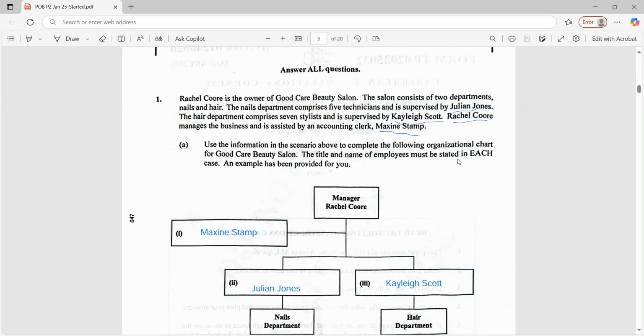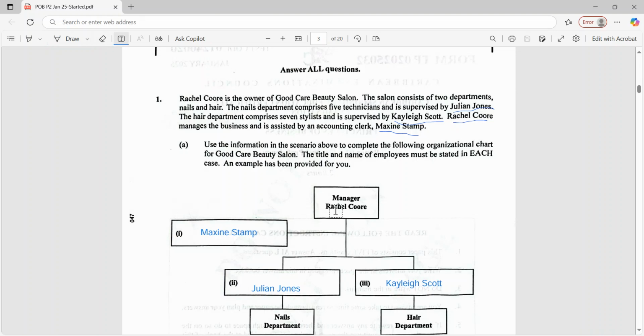Now, when you get a question like this, you have to ensure that you read over the business. So, there is a scenario that they gave you. In this case, it asks us for both the title and the name of the employee. So, let us go through it.